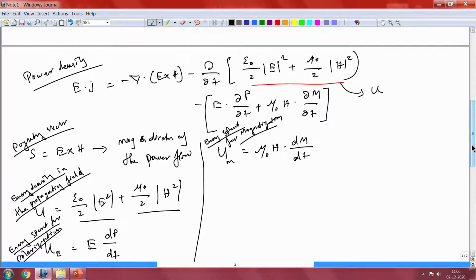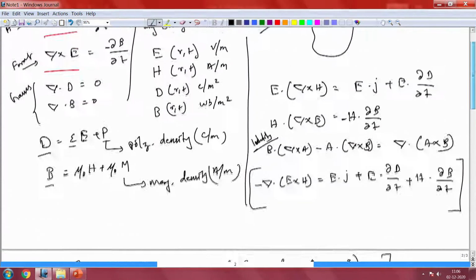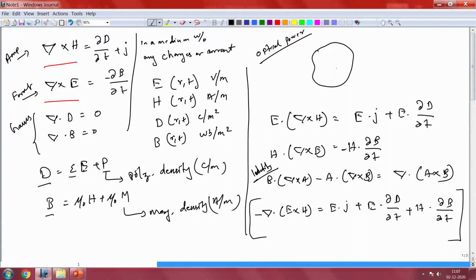So overall, when you look at this whole power density equation, it's basically conservation of energy as it propagates through a medium. We took a small volume here. When the wave is propagating through this, there are a couple of things that can happen.